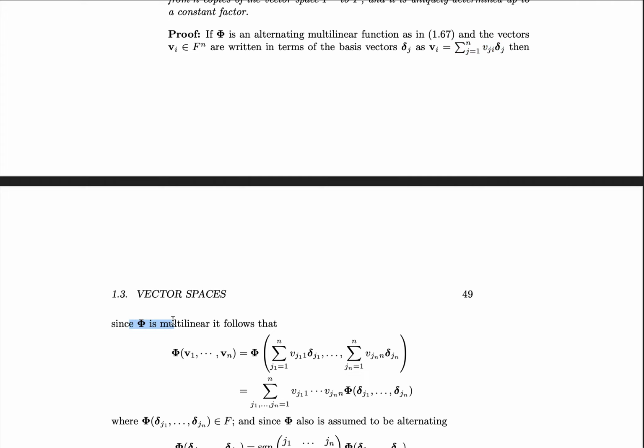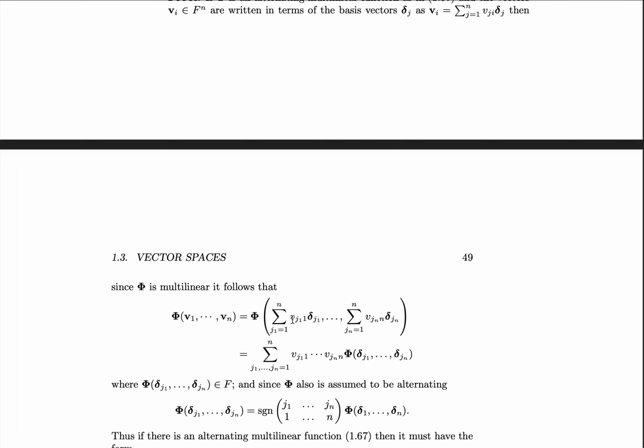Since phi is multilinear, it follows that phi of all of this is equal to phi of each of these sums, and since these are linear in each of these terms, we can pull out each of these sums.